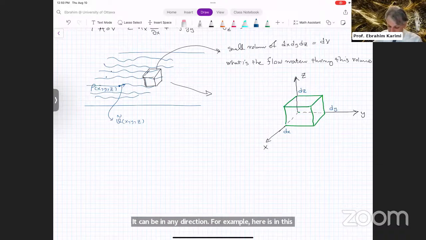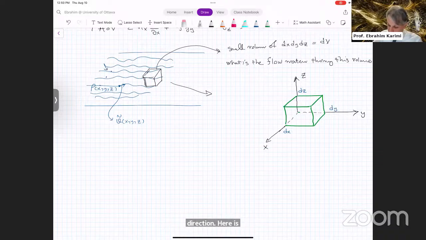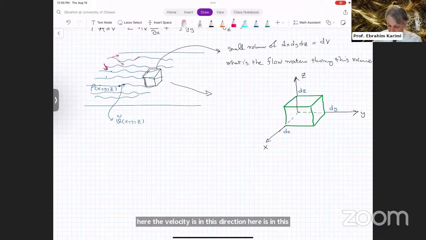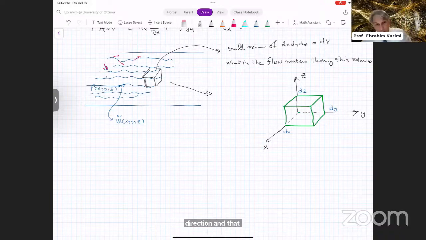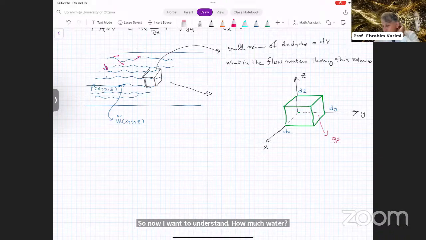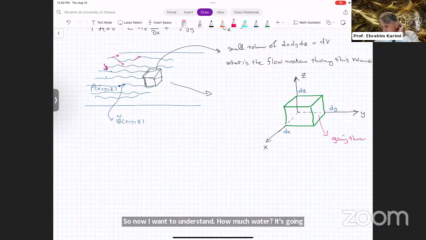Here the velocity is in this direction, and that direction, etc. So now I want to understand how much water is going through this volume.